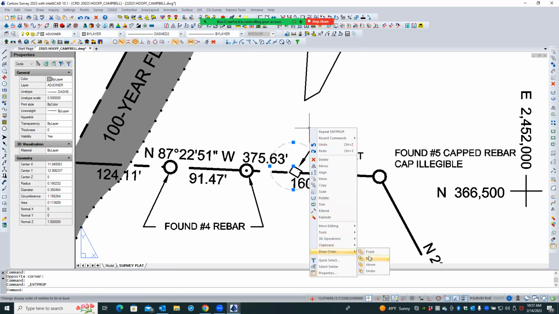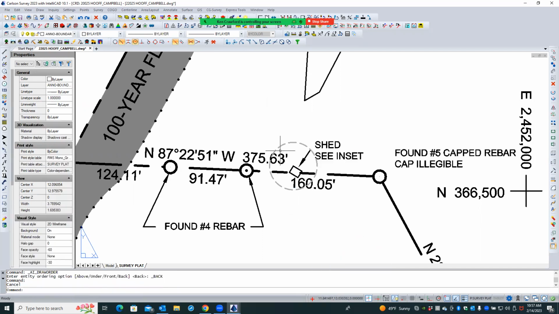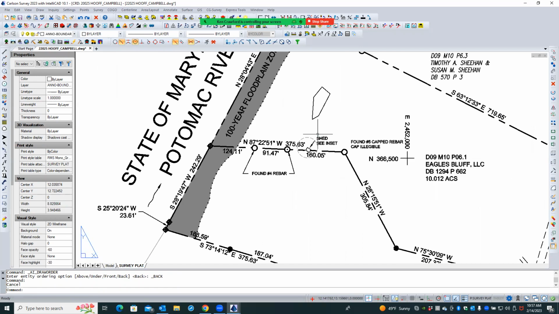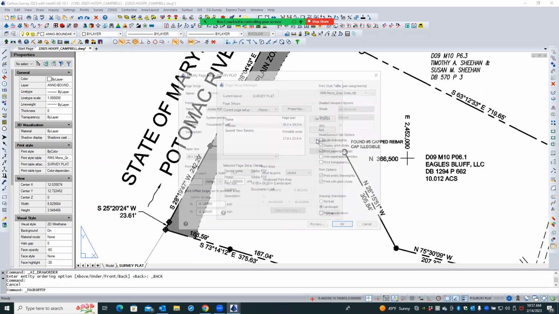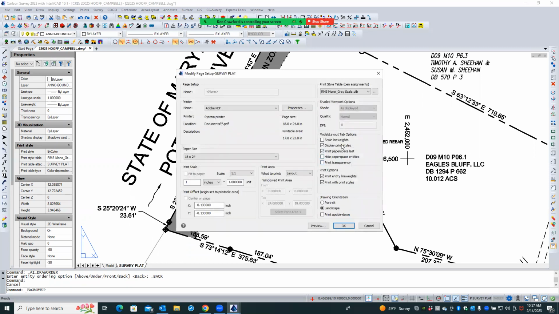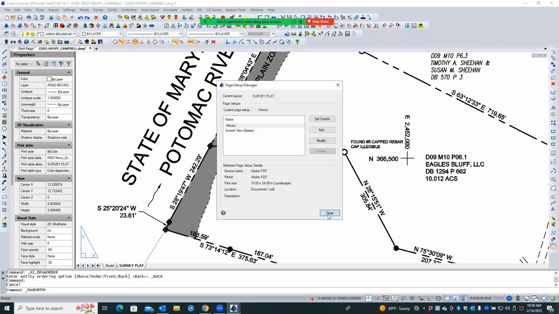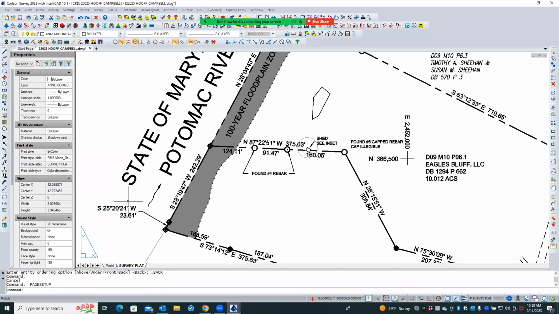I can't really put it in the back because it's in paper space, so it's over top of this. Let's see, there is a way in your page setup. But I think it is to print paper space last. Which is usually what we want, so yeah, let's not worry too much about that.